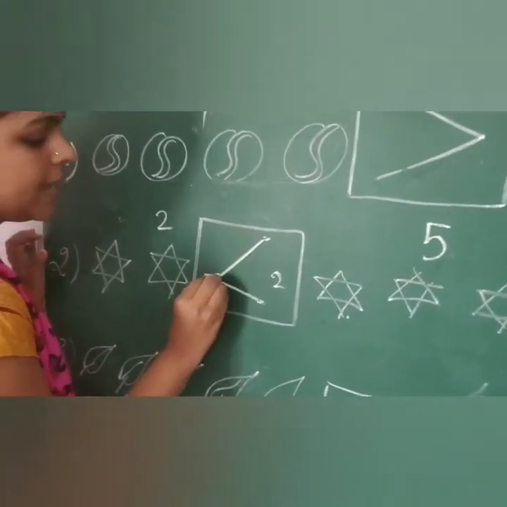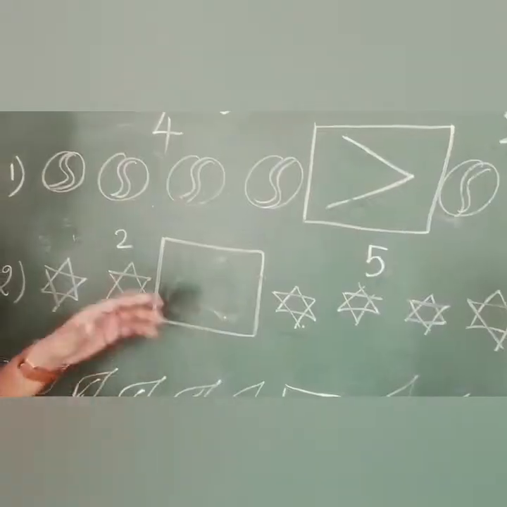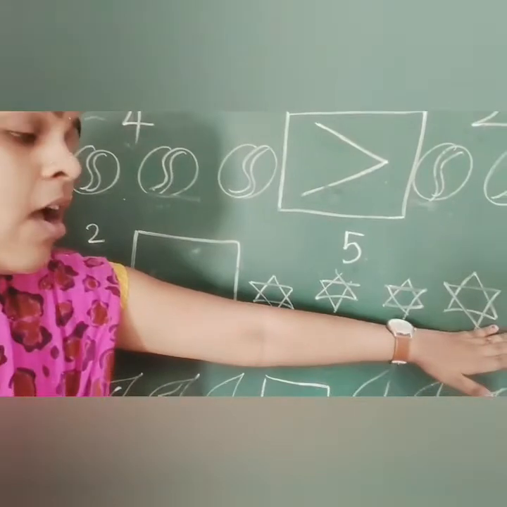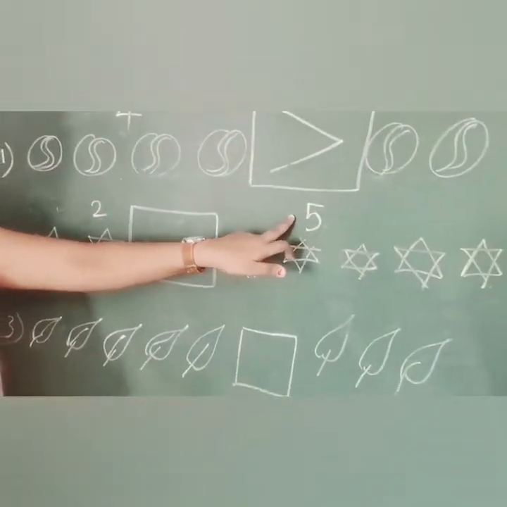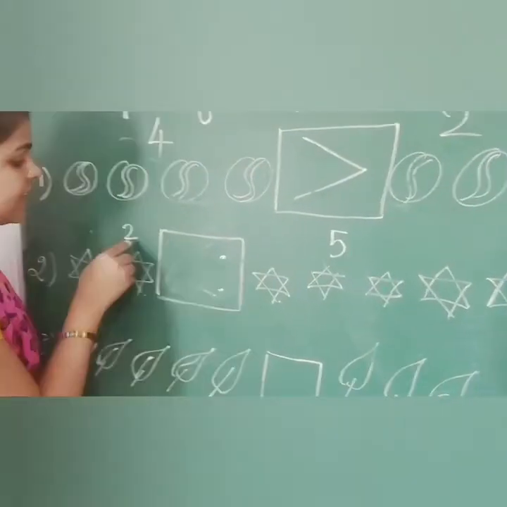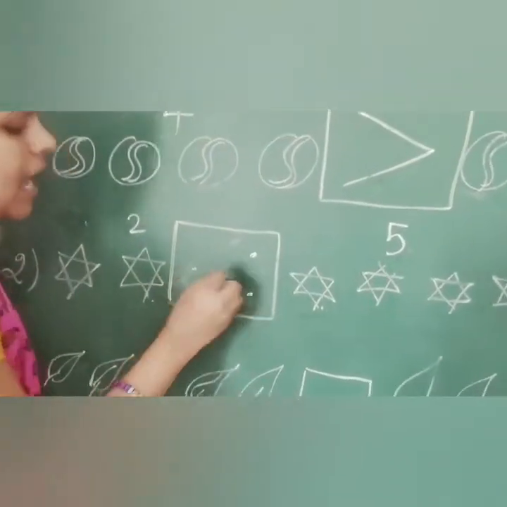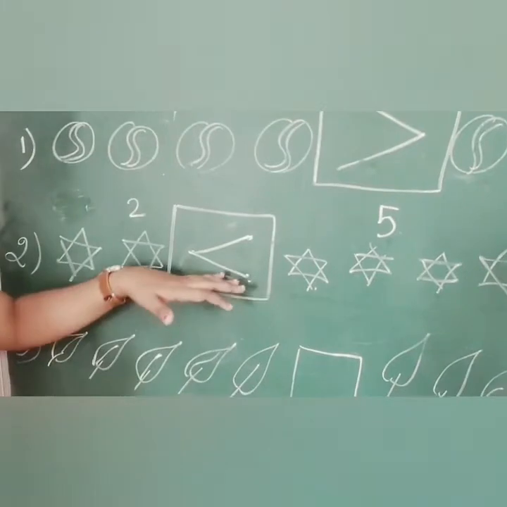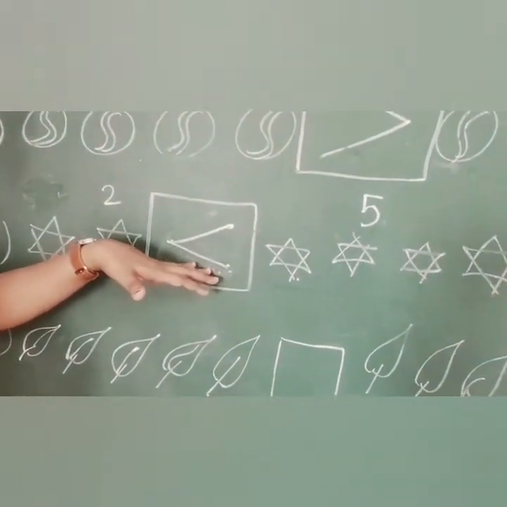Yes or no? Yes. I have 2 stars here and I have 5 stars here. We already know that the bigger end has 2 points and the smaller end has 1 point. Let me join all these dots. Yes, this is the symbol of greater than.